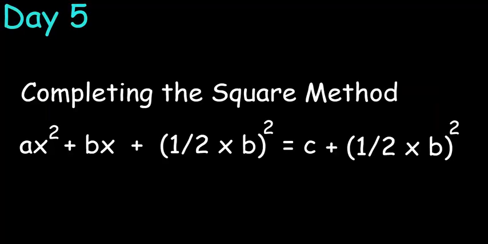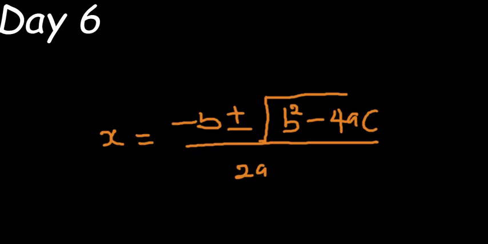On day 5, we worked on completing the square, and we explained the topic in detail by breaking down all the steps and tricks involved. Today is day 6, and we are looking at how to use the quadratic formula to solve quadratic equations.